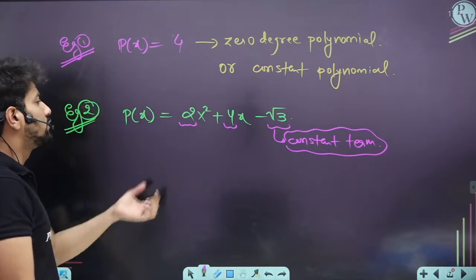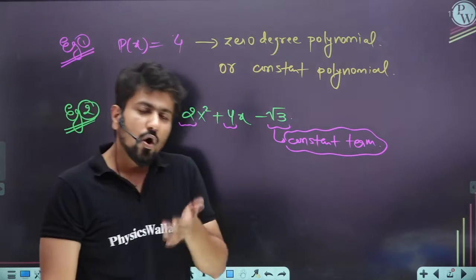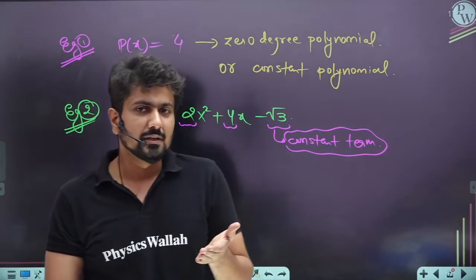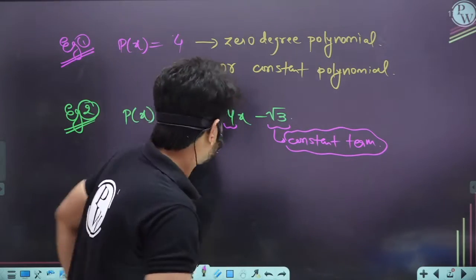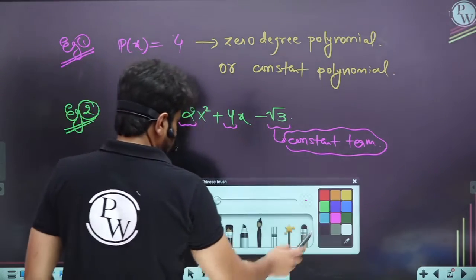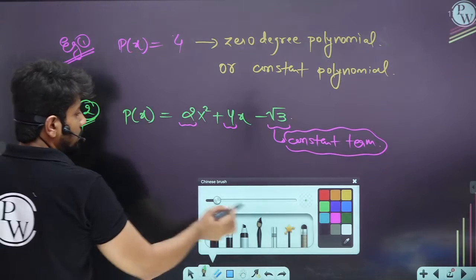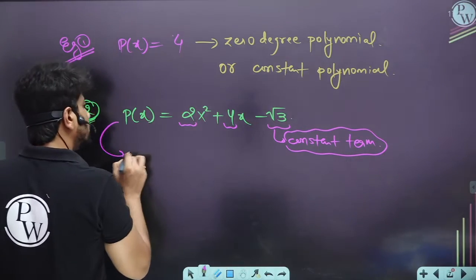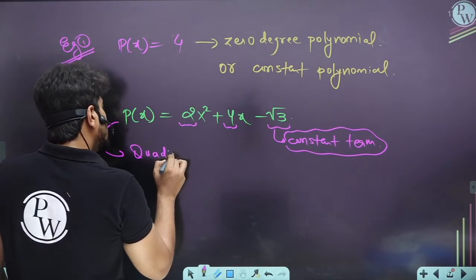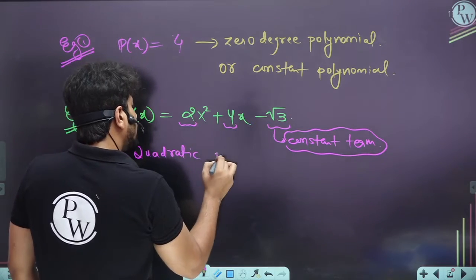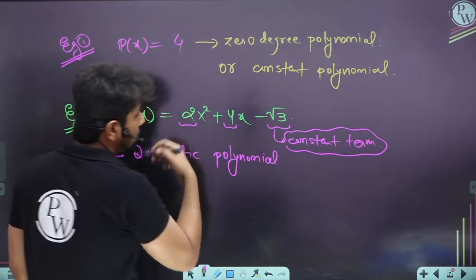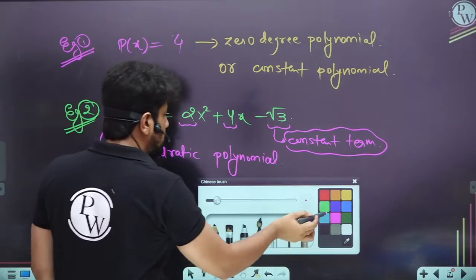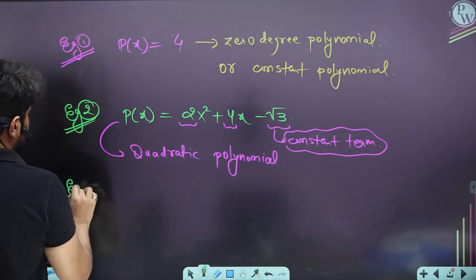Coefficients can be anything, a rational number or an irrational number, but we'll be talking in terms of real numbers only. This is a quadratic polynomial, and this chapter revolves around quadratic polynomials. We'll be talking about quadratic equations and quadratic polynomials a lot.